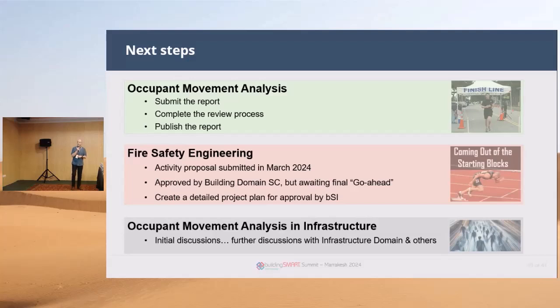Also, occupant movement analysis in infrastructure is something which Peter and Asim have been discussing with some of the folks at buildingSMART as a next logical step, because you really need to consider, for example, large crowds outside sports stadia.